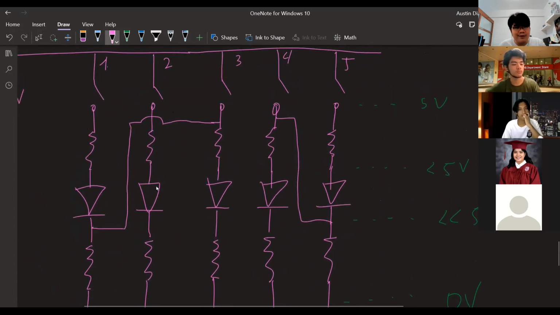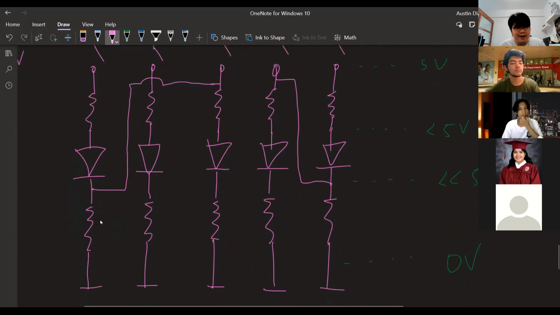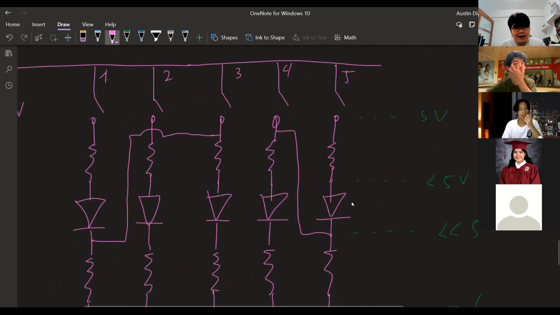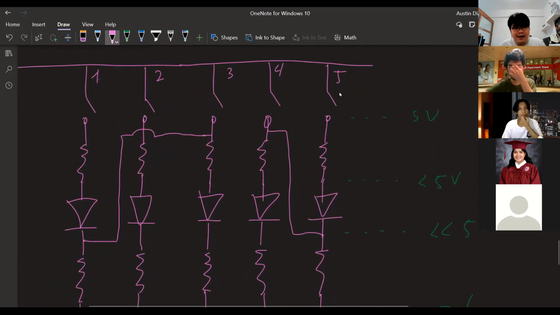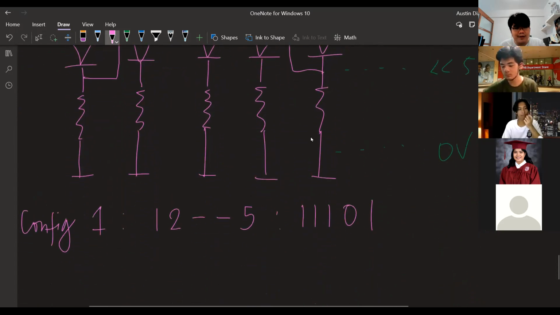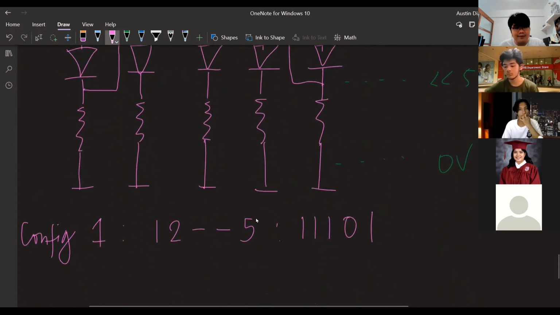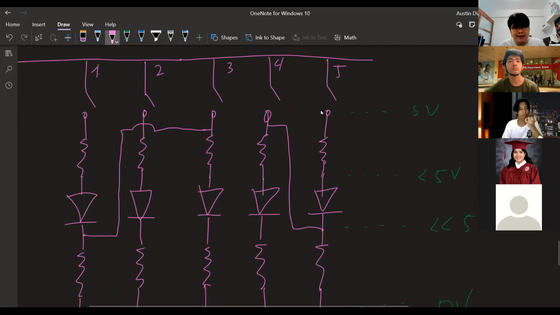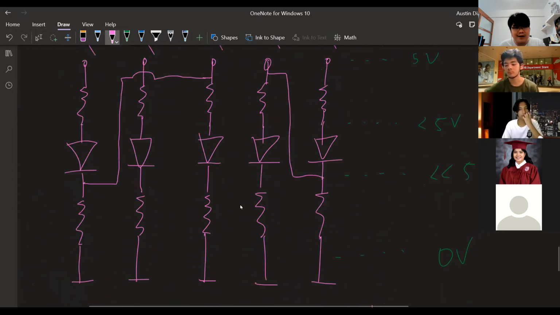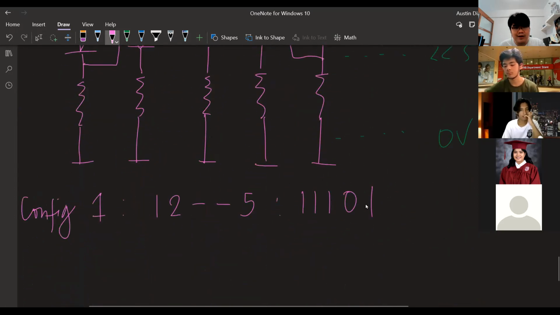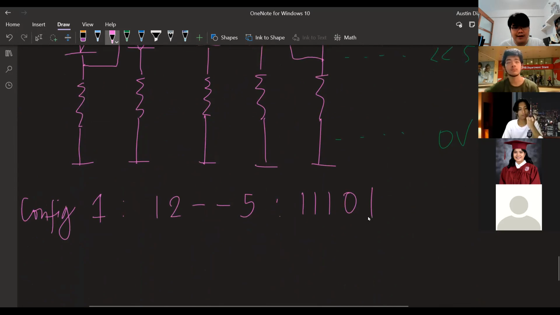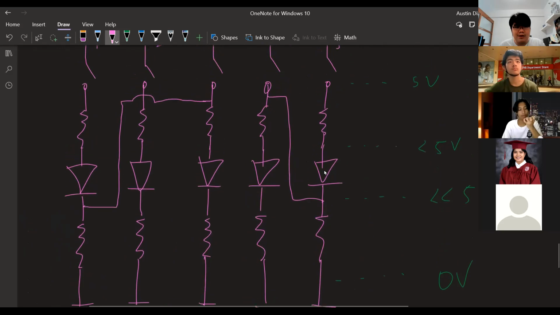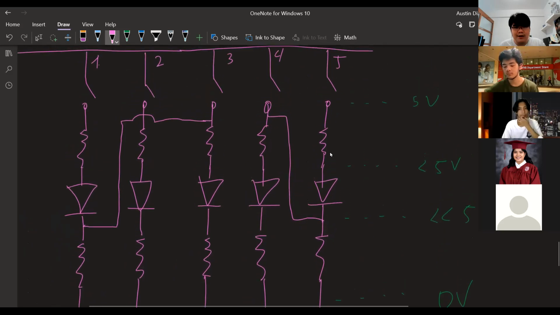Okay, so I press 2, it opens. I press 1, it opens also. And then, lastly, si 5, pag pinrest ko lahat, iilaw yung 1, 2, 3, and 5.